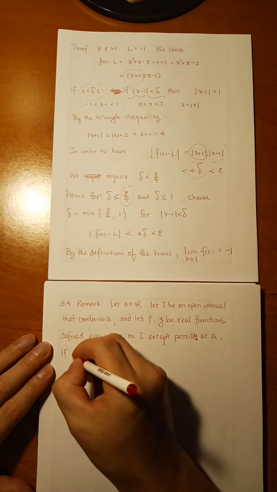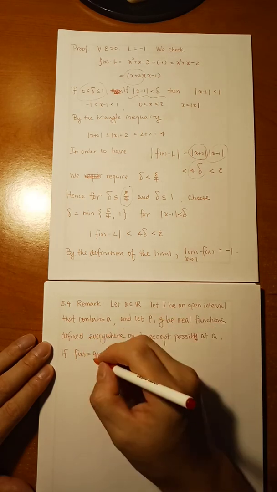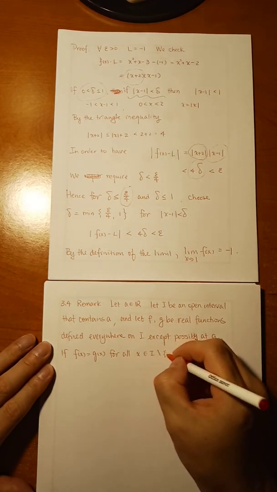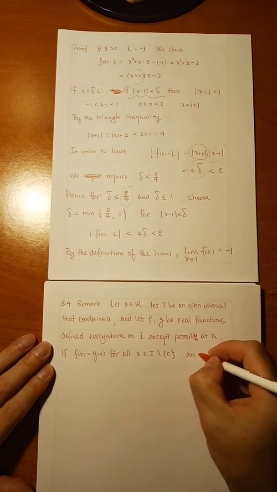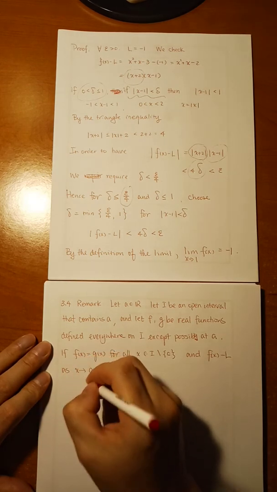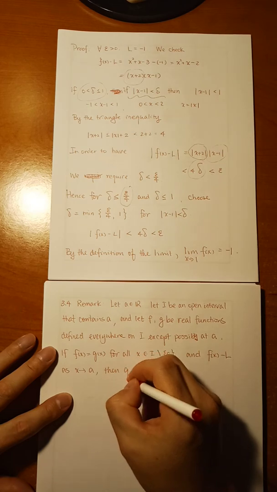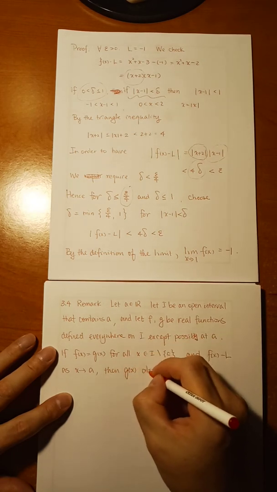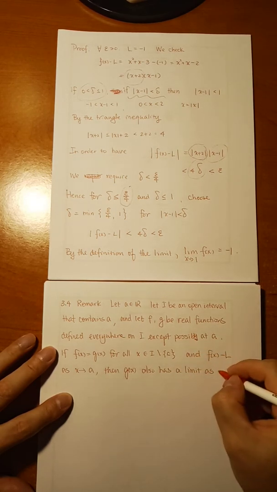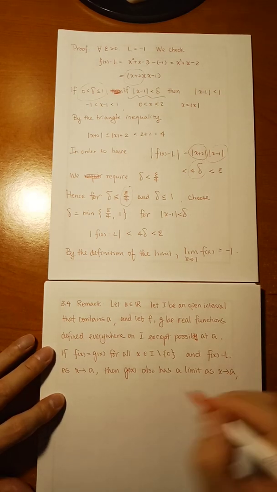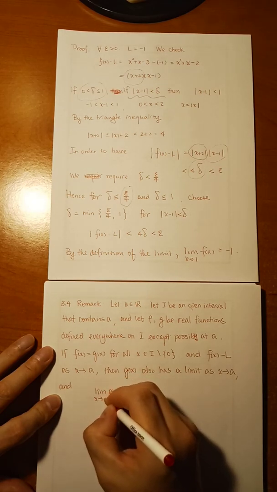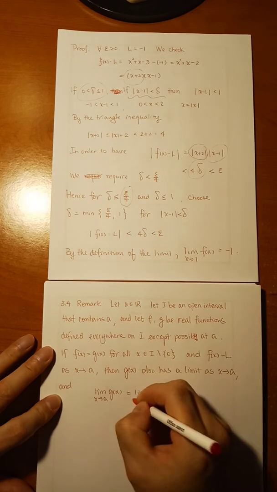If f(x) is equal to g(x) for all x in I but not equal to a, and f(x) converges to L as x approaches a, then g(x) also has a limit as x approaches a, and the limit of g(x) as x approaches a is equal to the limit of f(x) as x approaches a.